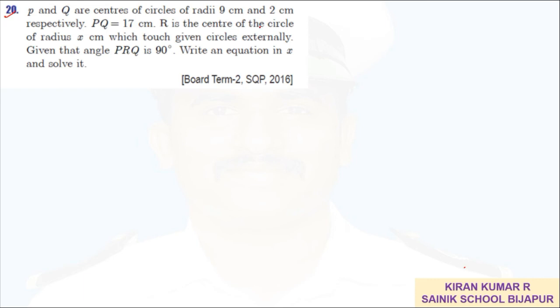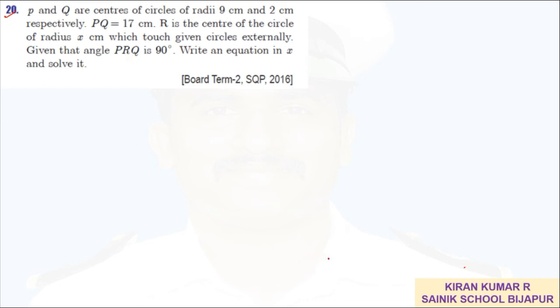R is the center of the circle of radius x cm, which touches the given circles externally. Given that angle PRQ is 90 degrees, write the equation in x and solve it.